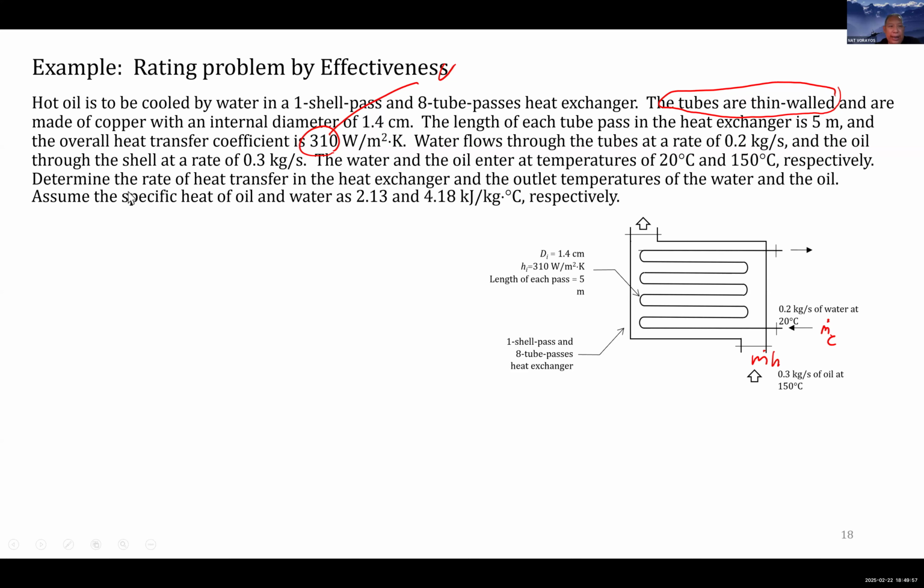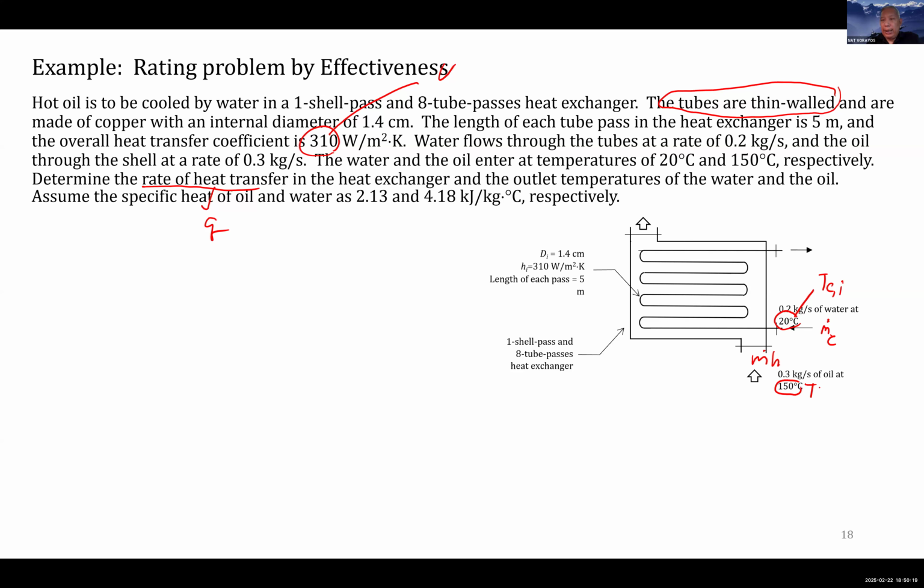They are asking us to find the rate of heat transfer, meaning that you have to find Q, and the outlet temperature of the water and of the oil. Now, the inlet temperature of 20 degrees is given.